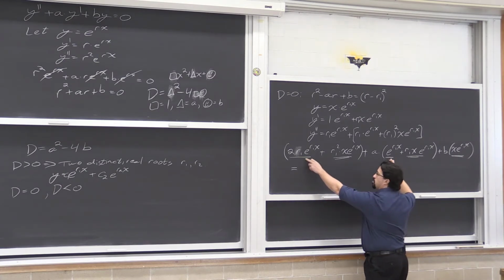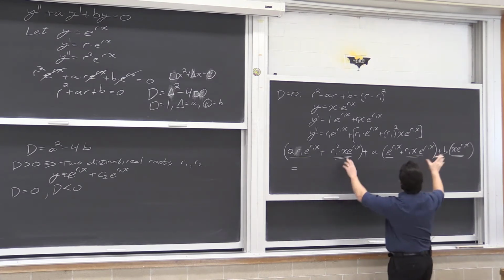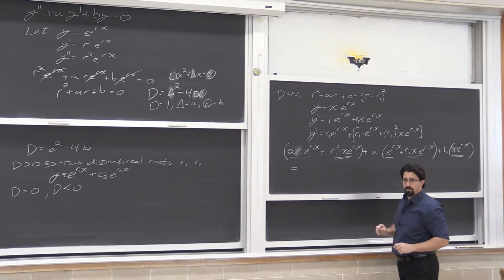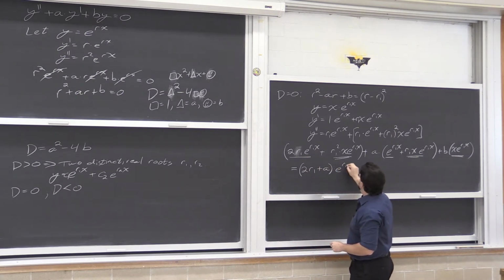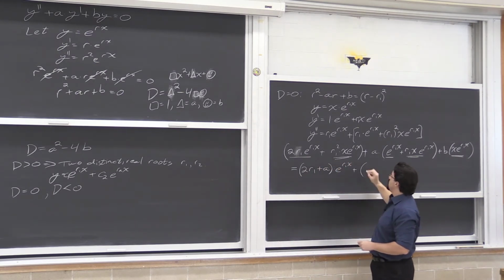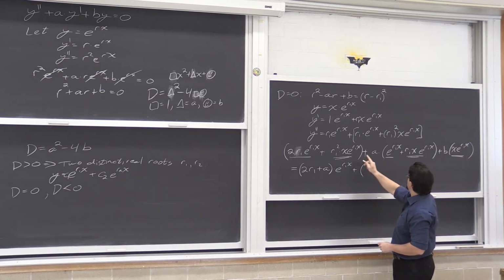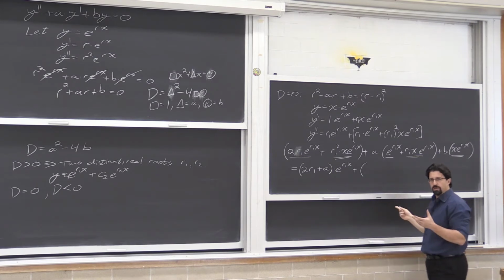So these two terms, let's gather them together. The other three terms, we'll gather those together. So the two terms over here are going to be 2r1 plus a times e to the r1x. The other three terms are going to be, well, I've got x e to the r1x in all of them.